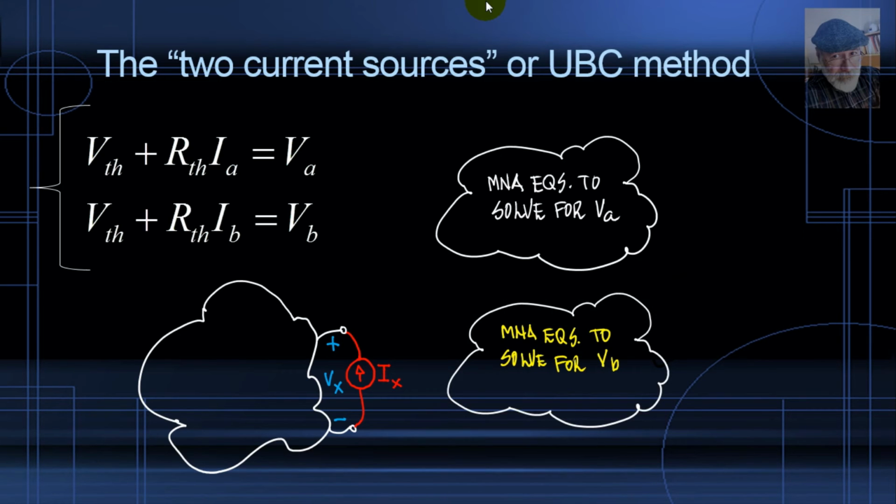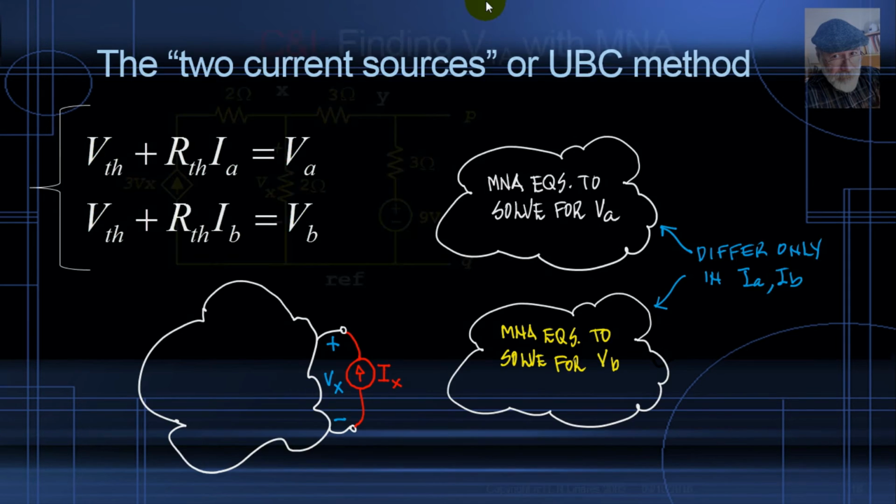And then we edit the same equations and change Ix for Ib, and obtain that Vx this time is Vb. We can get away with writing the M&A equations only once and solving them twice. They are different only in the values Ia and Ib. Not clear? Okay, let me show you an example.